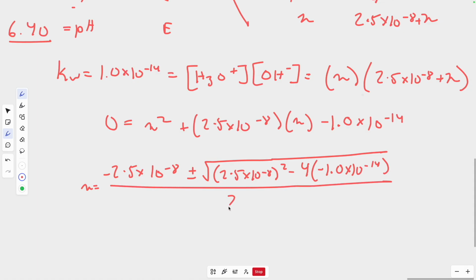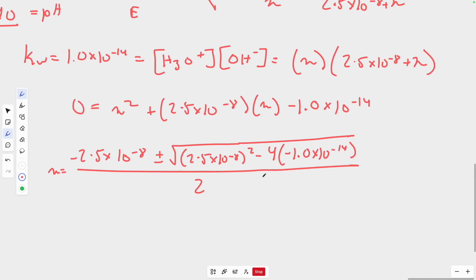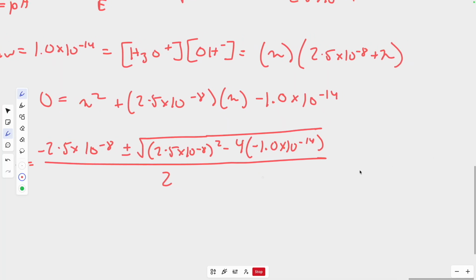So a is just 1, so 2. And once you compute this, you would get that x equals 8.83 times 10 to the power negative 8.